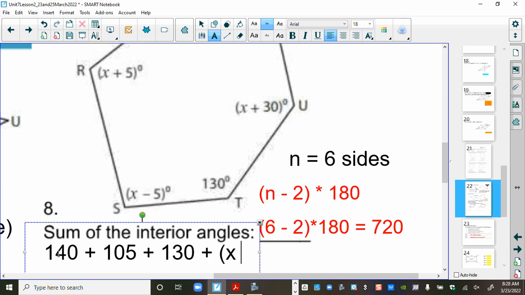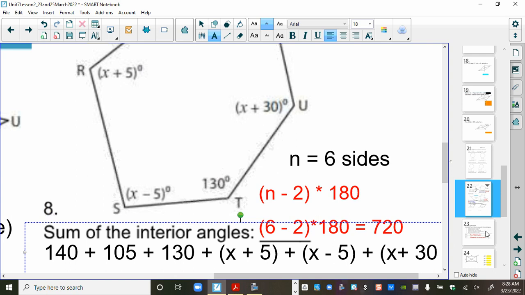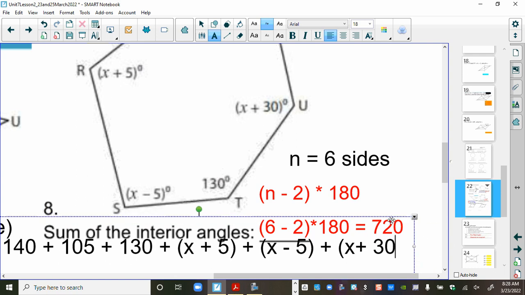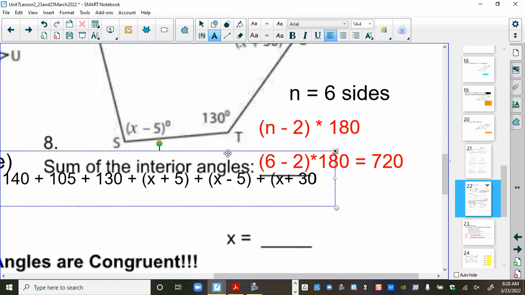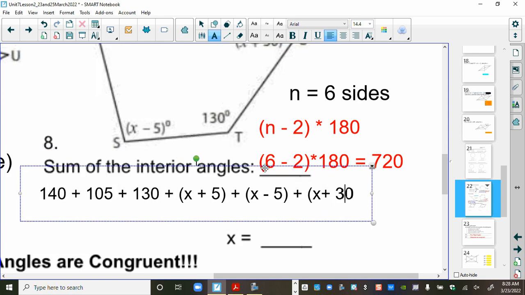Plus x plus 5 plus x minus 5 plus x plus 30 equals 720.